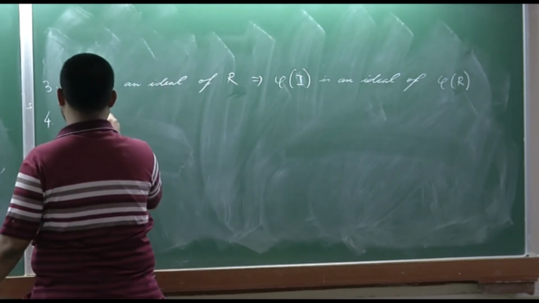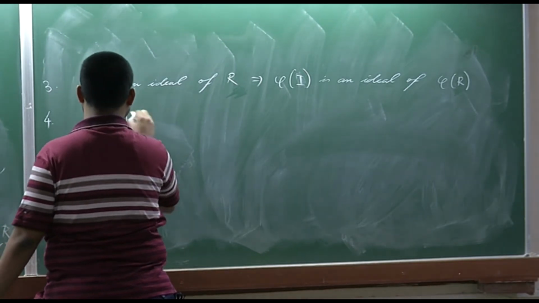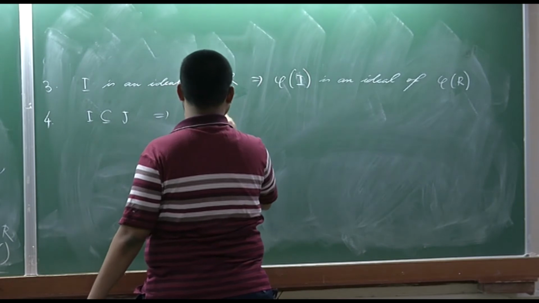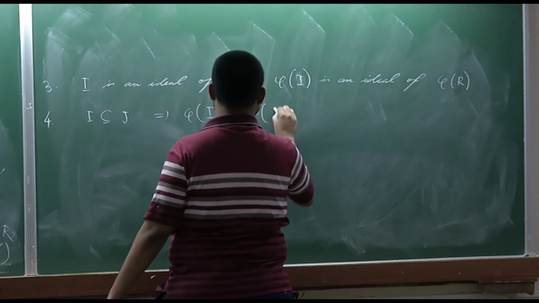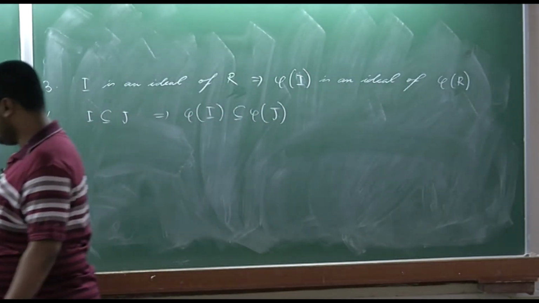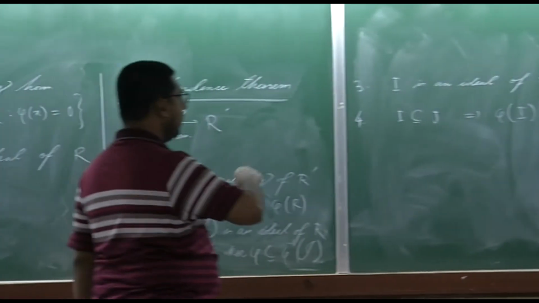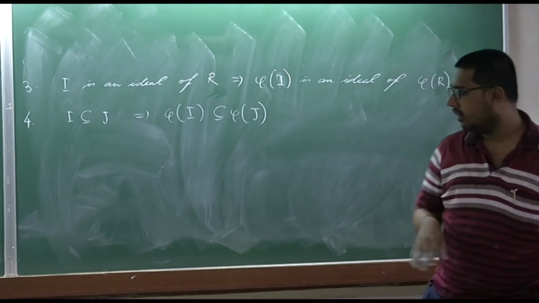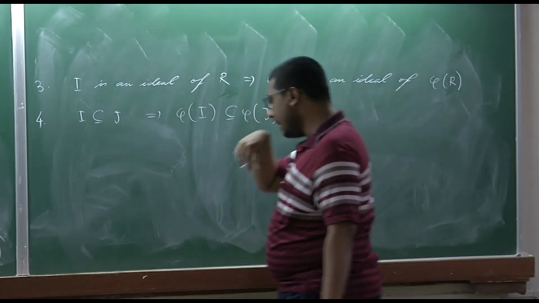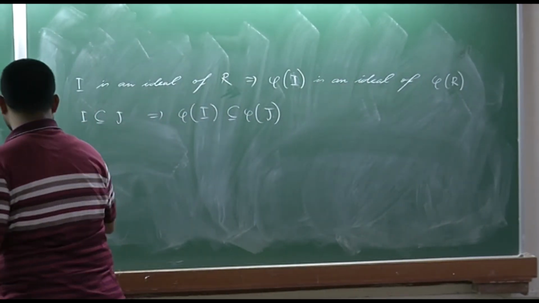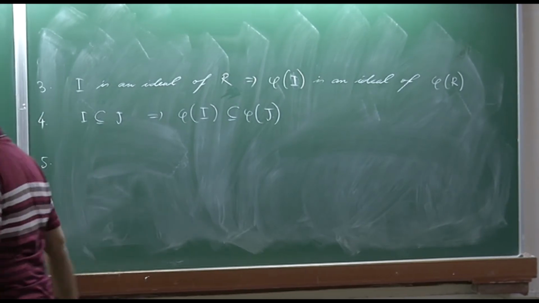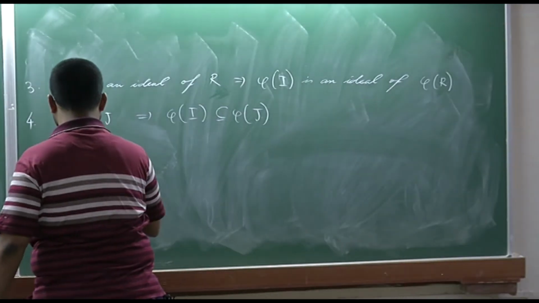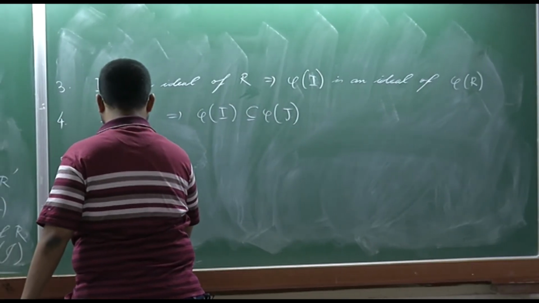Another thing is, if I is less than or equal to J for two ideals, then, this is obvious, phi(I) is less than or equal to phi(J). That is, phi in fact preserves the increasing chain of ideals.